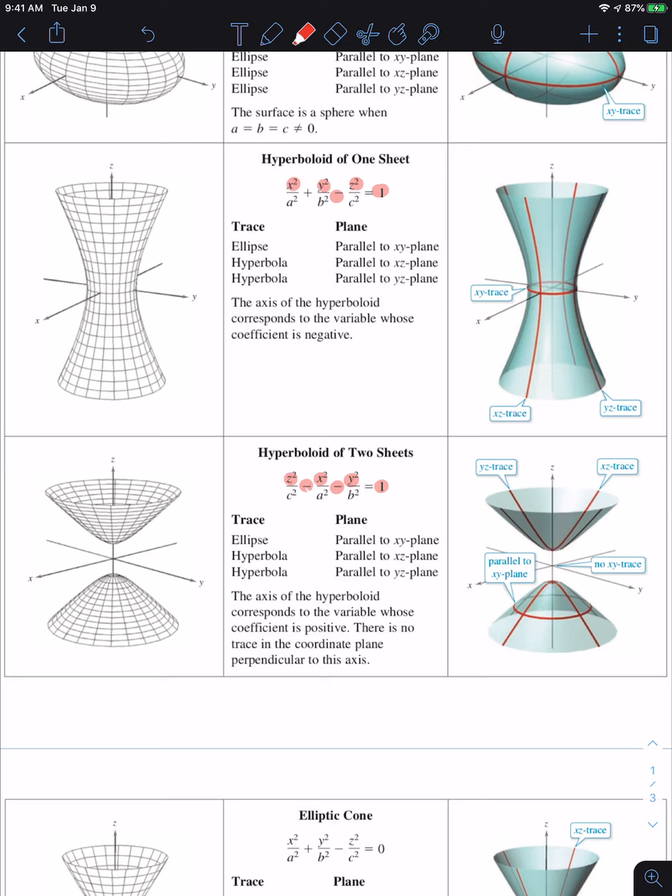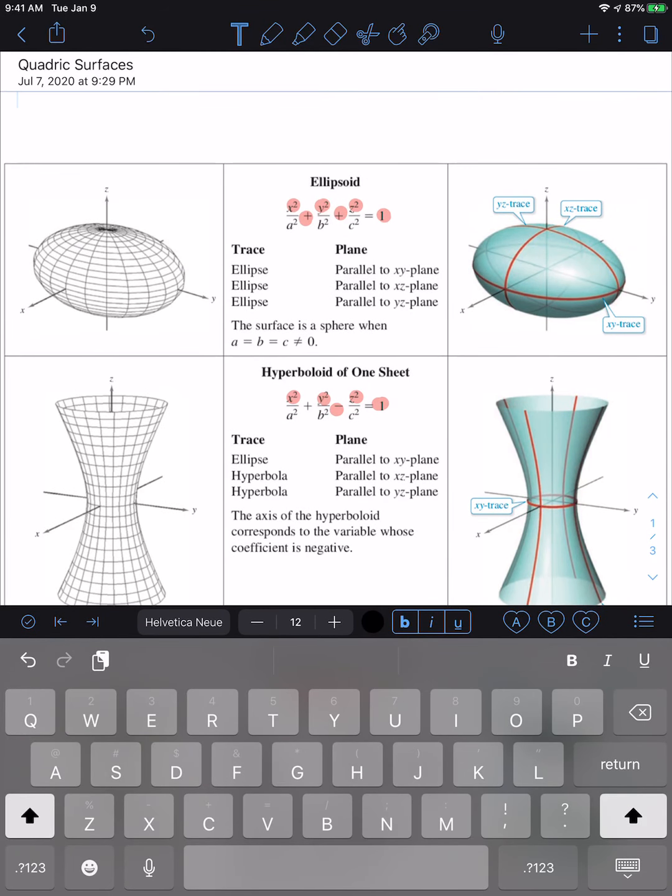In this case, if I take this trace, in either case I'm going to get an ellipse. But when I do the yz trace, it looks like this hyperbola. And then if I did it in the xz trace, oops, sorry.